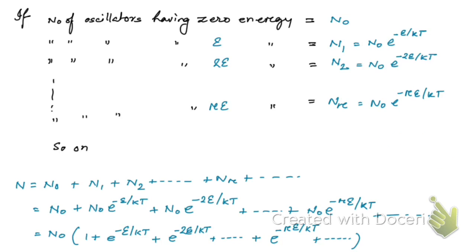Similarly, if you take e to the power minus 3 epsilon by kT, then it's going to be y to the power 3. We can consider that way, right? We have considered e to the power minus epsilon by kT as y, and taking that way, this series is going to be of this form. Let me show you in the next page.